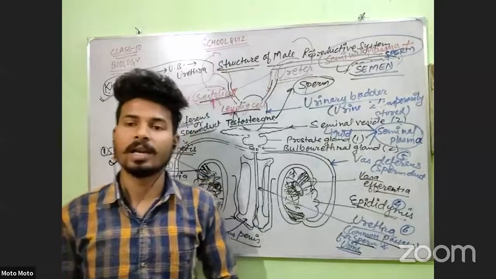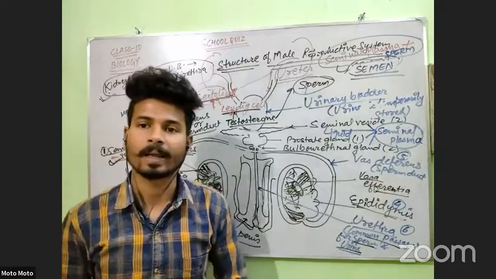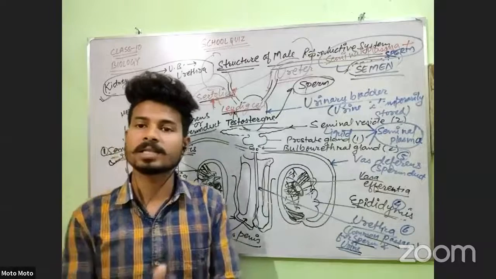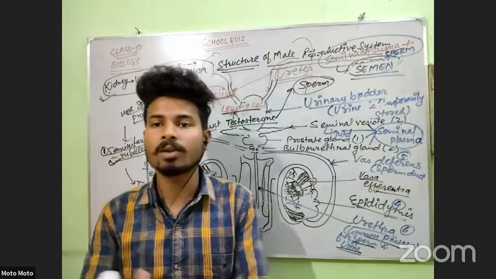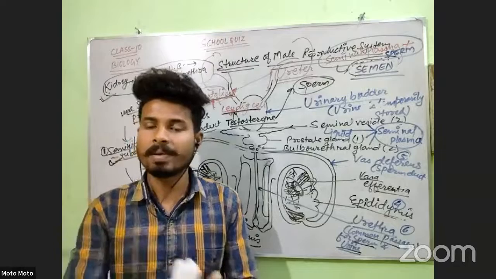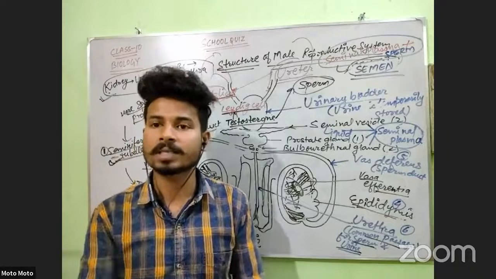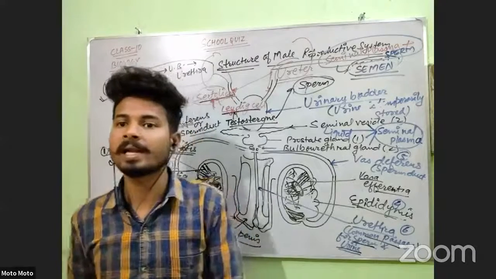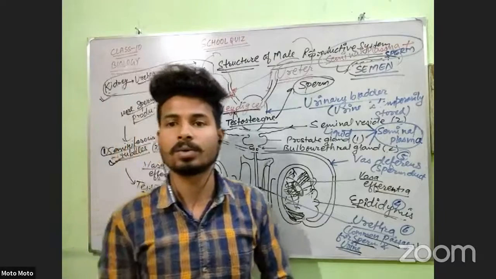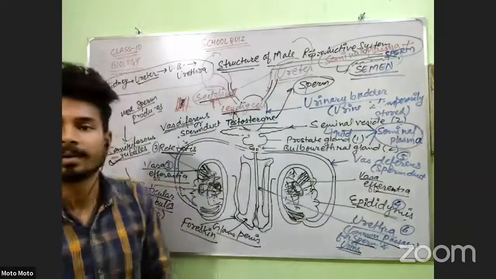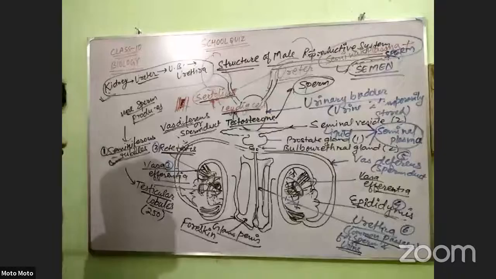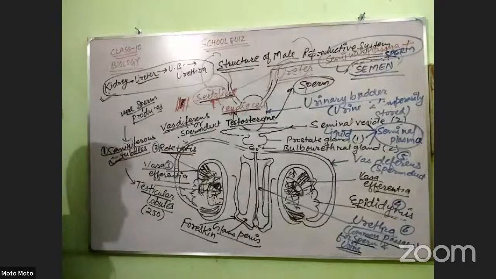Is it in your mind that I have asked the sequence for ejaculation of sperm? We will start from the production part and end at the urethra. So anyone? You can see the board and answer.